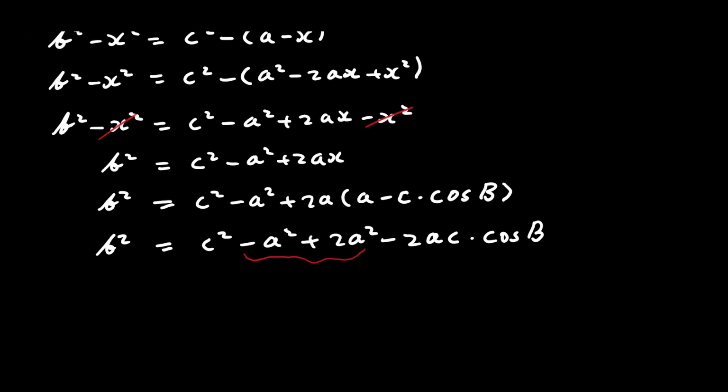So adding those will just give us a squared. So we have that b squared is equal, I'll write the a squared first, a squared plus c squared, minus 2ac times the cosine of b, and that is the second equation that we wrote down for the cosine rule.